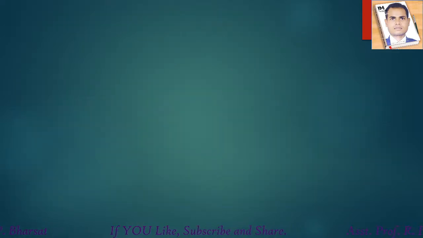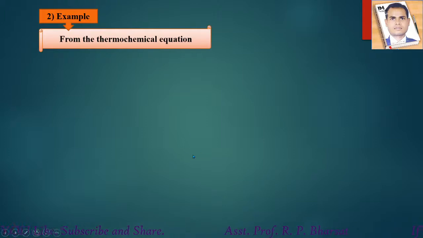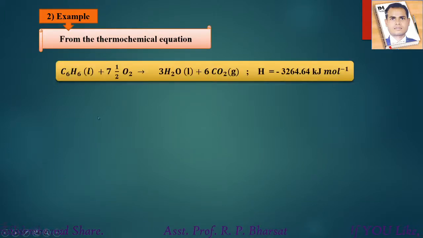Now we have to see the second example. The thermochemical equation is given: C6H6 in liquid state plus 15/2 O2 gives 3 H2O in liquid state plus 6 molecules of carbon dioxide in gas state.